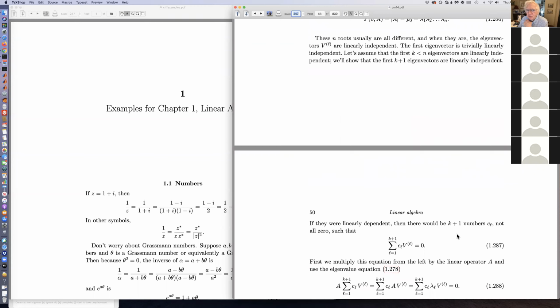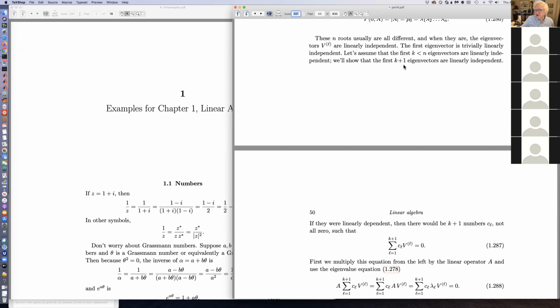When we are talking about eigenvectors, we assume that the eigenvector is not identically zero. That's a trivial solution and is excluded. Eigenvectors have to have a non-zero norm. Anyway, let's assume the first k less than n eigenvectors are linearly independent. We can then show that the first k plus 1 eigenvectors are linearly independent.